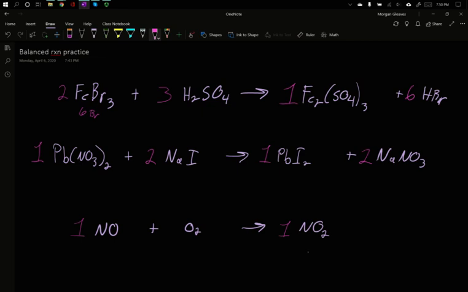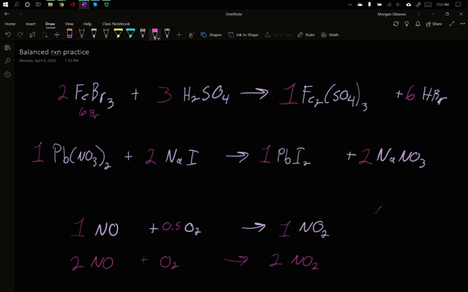This, however, leaves me with 2 oxygens on my right and 3 on my left. Well, the only way to balance that out, since I can't change my NO, is a half O2. Well, you can't have a half O2, so really this becomes 2 NO plus O2 goes to 2 NO2s.